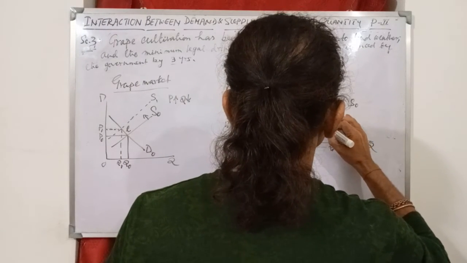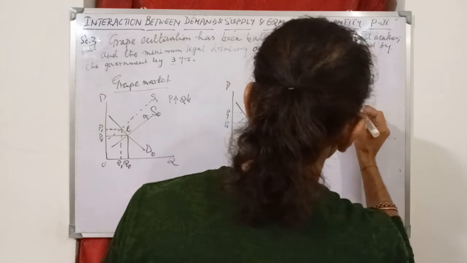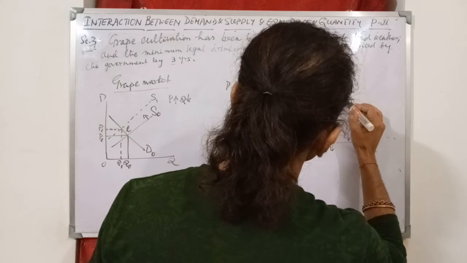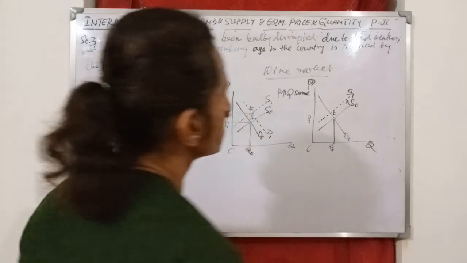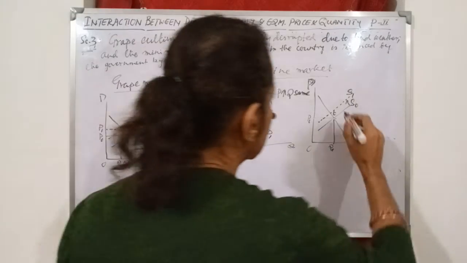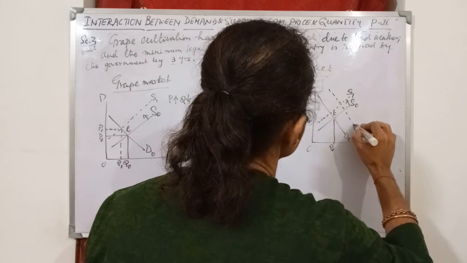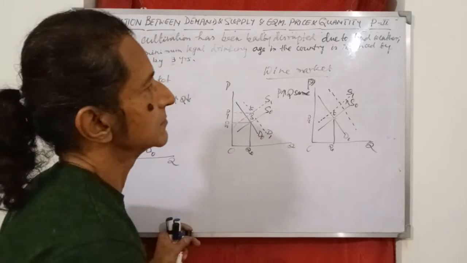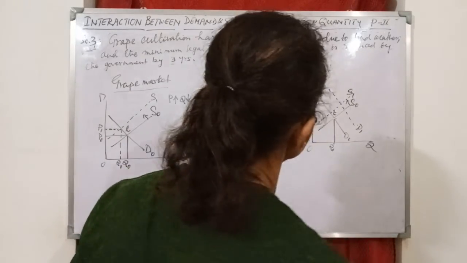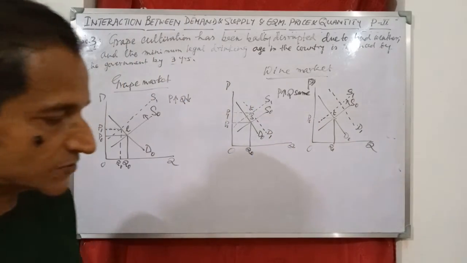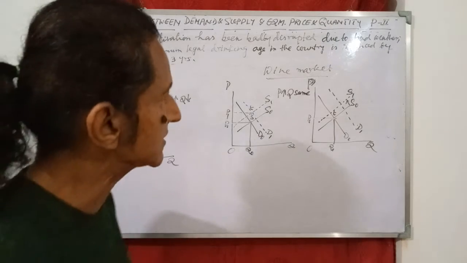Supply has fallen. So the supply curve S sub 0 shifts parallel leftward to S sub 1. And let this be the demand curve. Let this be D sub 1. So the demand curve is shifting from D sub 0 to D sub 1 and the supply curve is shifting from S sub 0 to S sub 1.